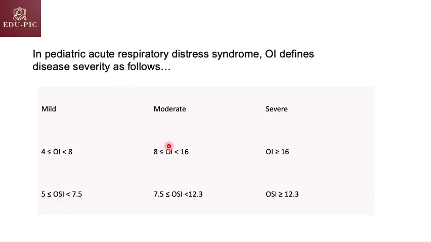Moderate if the oxygenation index is from 8 to 16 and OSI from 7.5 to 12.3, and severe if the oxygenation index is more than or equal to 16 or OSI is equal to or more than 12.3.